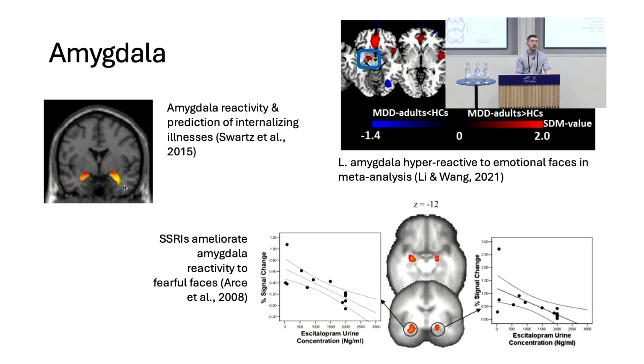Evidence comes from several sources: heightened amygdala reactivity to emotional faces, which is associated with the subsequent risk of developing internalizing illness; treatment with SSRIs damping amygdala responses to emotional faces; and also coordinate-based meta-analysis, like the one shown in the top right here, which identifies left amygdala hyperactivity in people with depression.